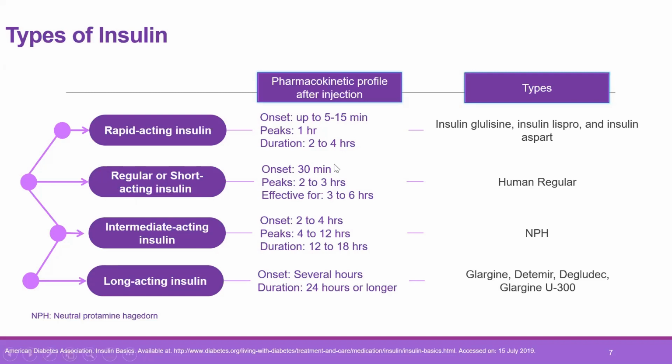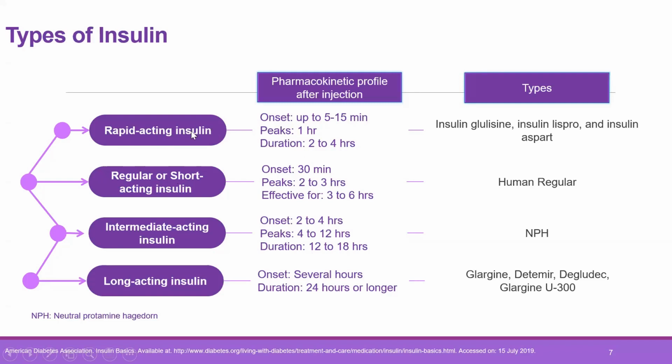So as the possibility of hypoglycemia goes up because of the slightly longer duration than expected when we give regular insulin, people thought, let us develop something closer to the physiologic pattern of insulin secretion. Then the rapid acting insulins were developed, whose onset is very short, peak action is 1 hour, and duration of action is shorter, and therefore the possibility of hypoglycemia is low.